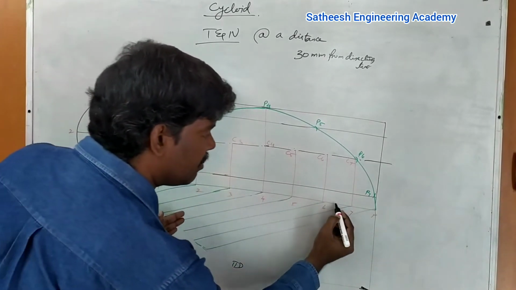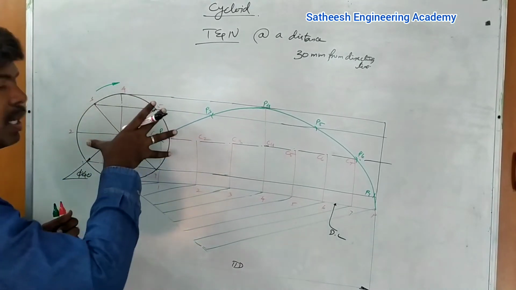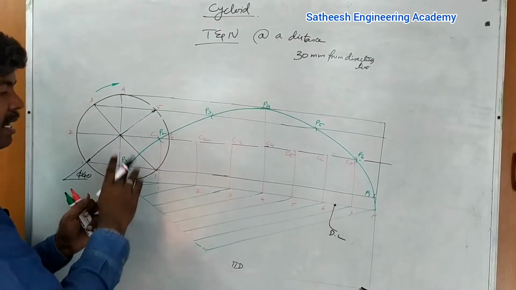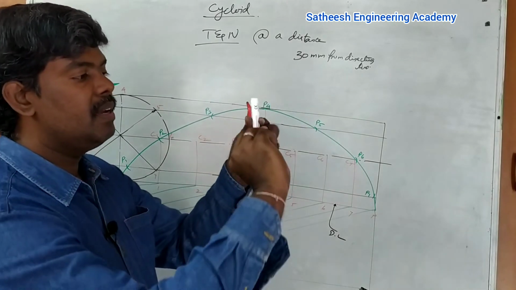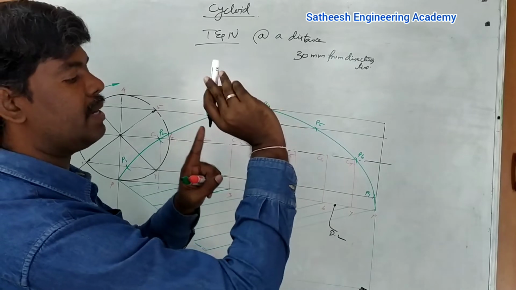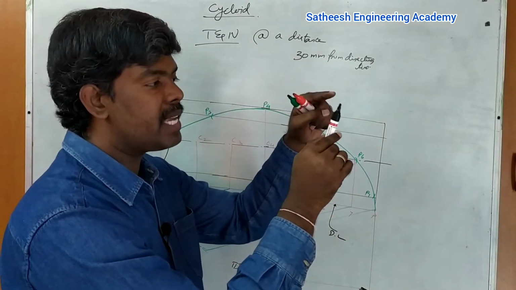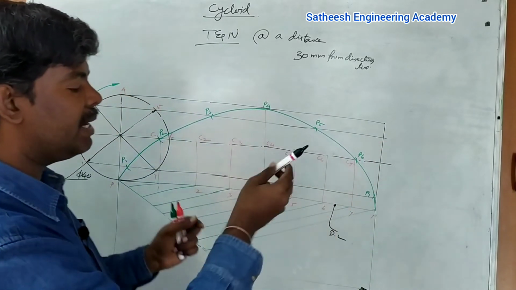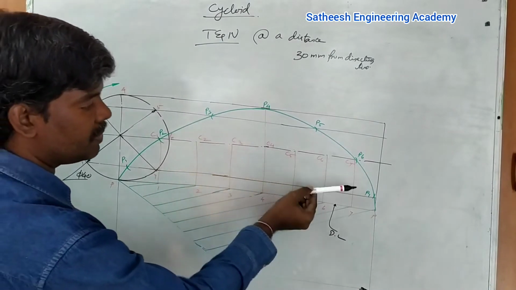The base line is the directing line, and this is the rolling wheel, which rolls one revolution. The initial point P is considered at the bottom. In the first half revolution it reaches the top, and in the next half revolution it reaches the bottom again, for one complete revolution.